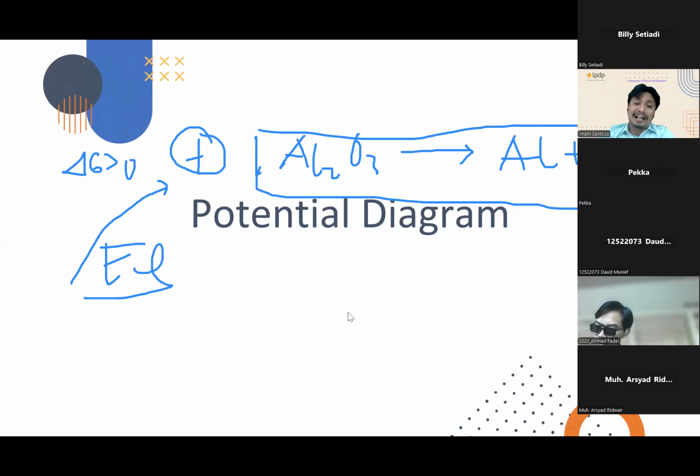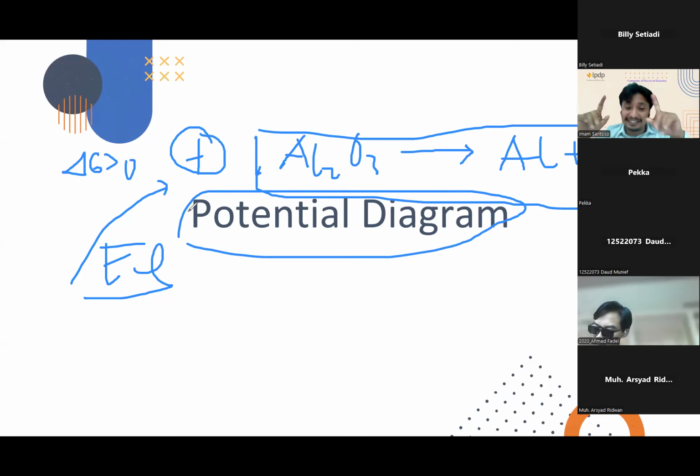Okay? Therefore, guys, we have to know the minimum potential or electrical supply that needs to be given to the reactor, called the cell of electrolysis.